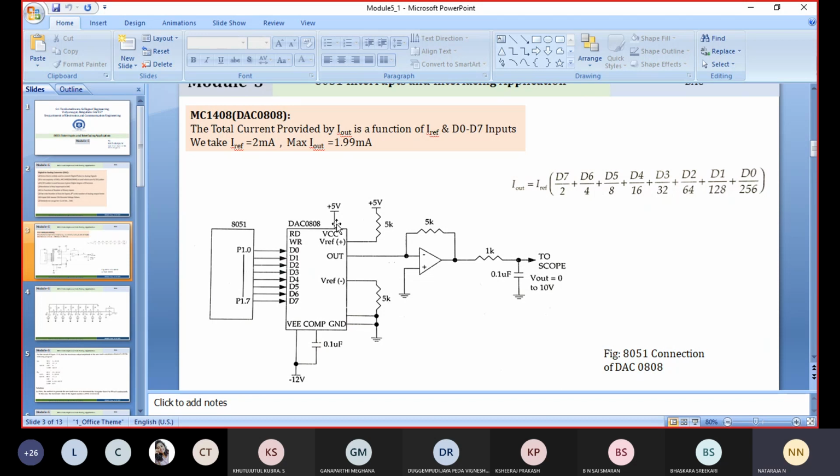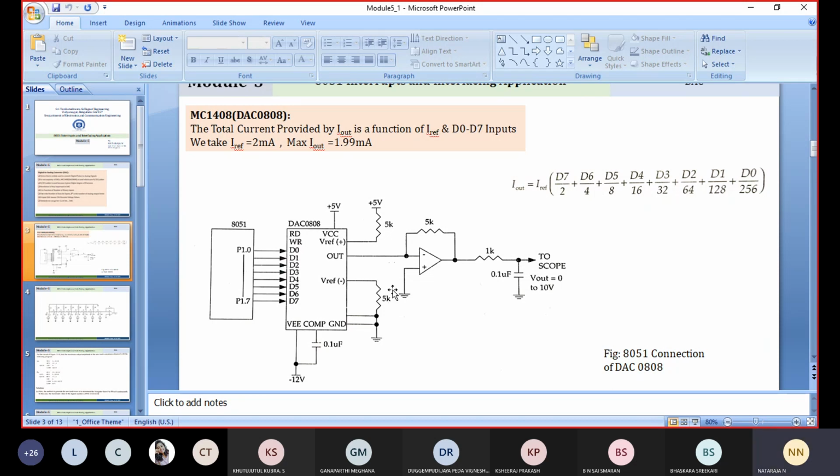Whichever pins you are going to use, you can write those. It's enough: Ground, V analog output where you are going to get the output, then the input lines D0 to D7. Here it mentions read and write, but there is no read and write pin in the 0808. Don't confuse that. VEE and a compensation pin are there, connected with a capacitor.